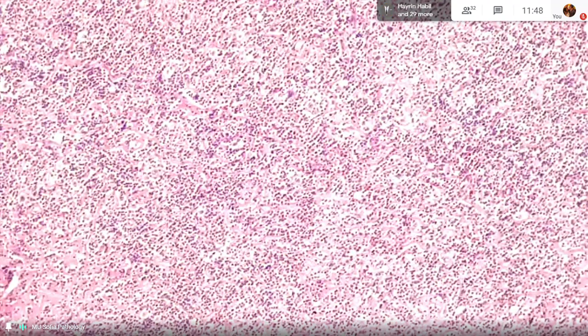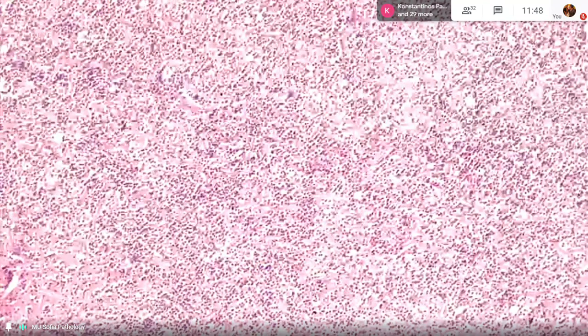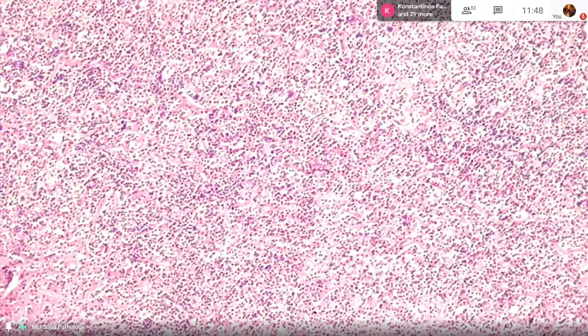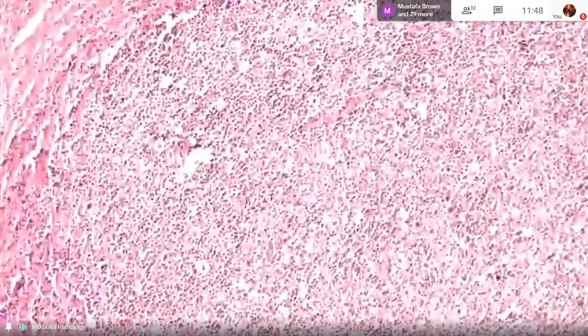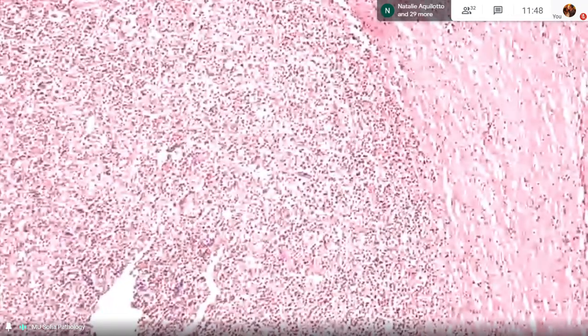Reed-Sternberg cells, which are of B cell origin, are negative for CD20, but positive for CD15 and CD30. Also PAX5 can be used. And that's how we diagnose this.